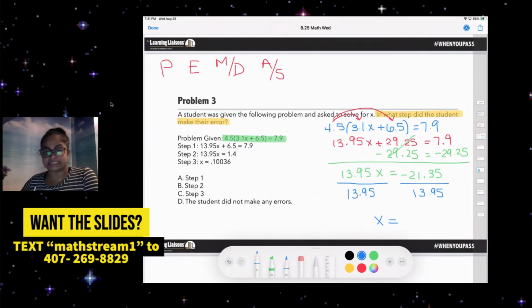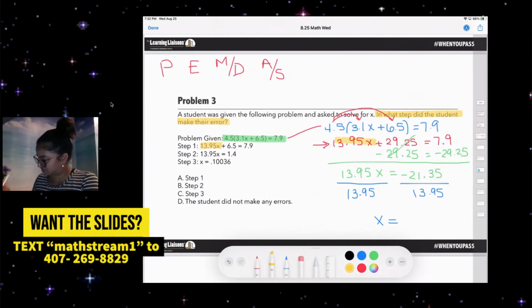So we look at the steps and we say, okay, well, we started off the same. Here we go. There's our first thing. We started with the problem. Now we're going to actually do step 1. Step 1 is here. Does their step 1 look the same as our step 1? They have 13.95x.